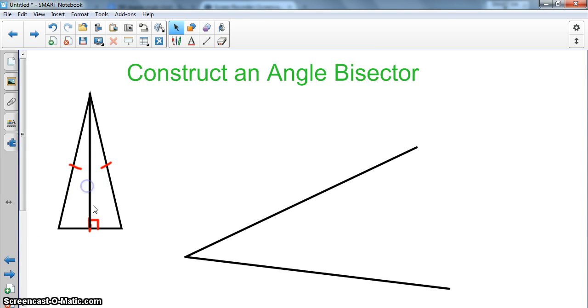So this is our discussion that we had in reflections: when you take this isosceles triangle and cut this side in half and perpendicular, hence perpendicular bisector of the base, then it creates two congruent triangles, right?